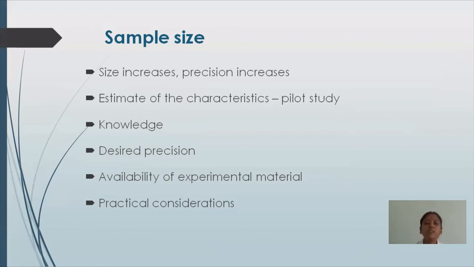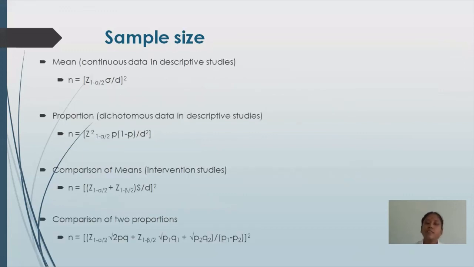And then we can also sometimes use the knowledge of desired precision or the availability of experimental material and practical considerations. So these play a major role in determining the sample size. And sample size can be determined based on the type of the study or the data.